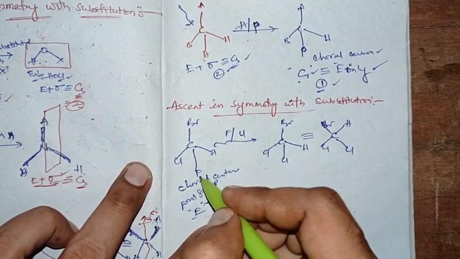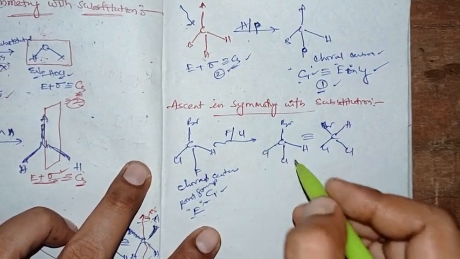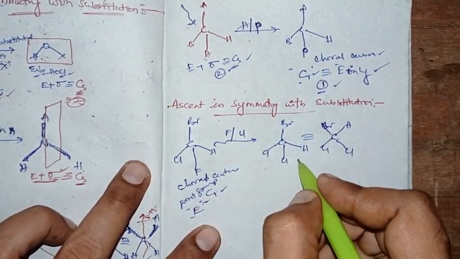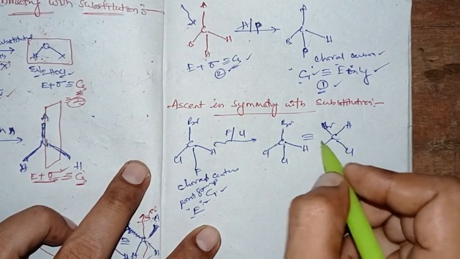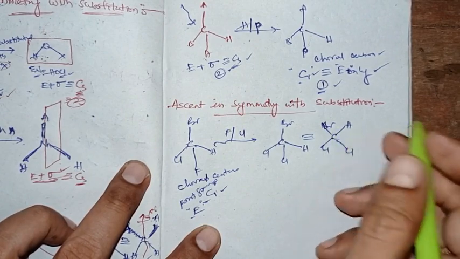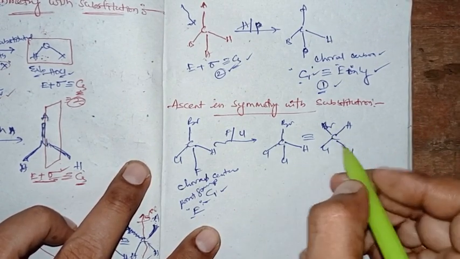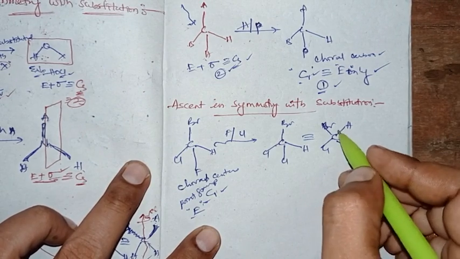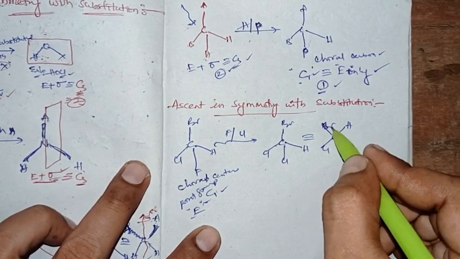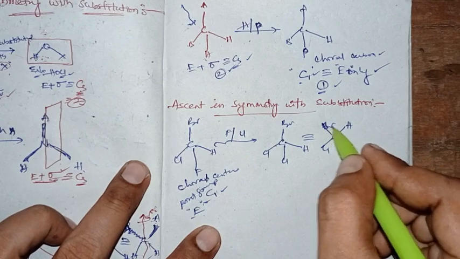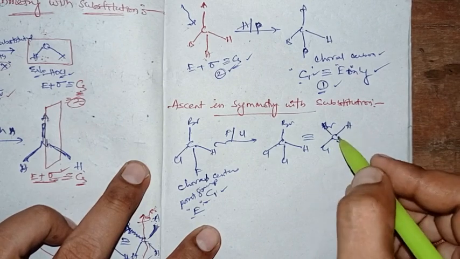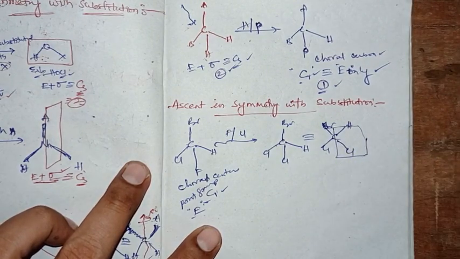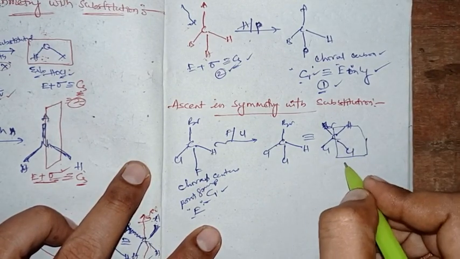Upon substitution of fluorine by chlorine, it results in bromodichloromethane, where a plane is possible. When we apply a plane passing through bromine, hydrogen and carbon, in between the two chlorines, it results in an equivalent configuration.